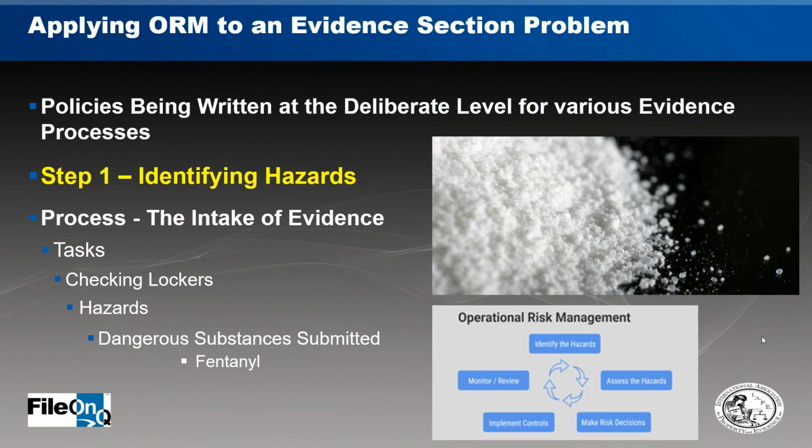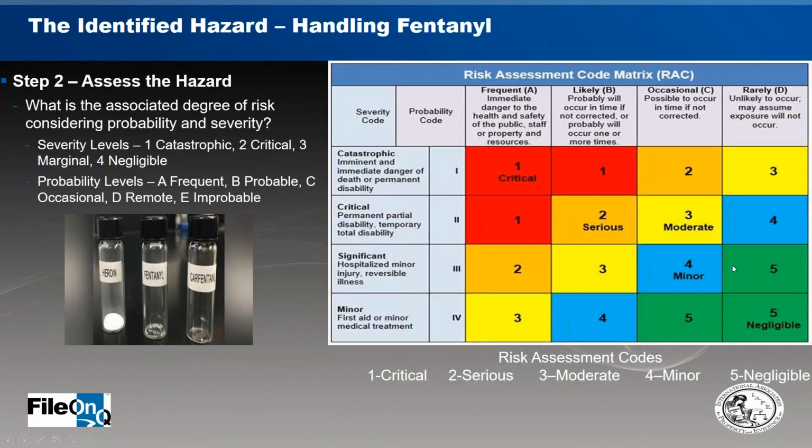So as we identify that, we want to put an assessment together and apply the matrix. So what is the associated degree of risk considering probability and severity? If the severity level unmitigated, let's say you're exposed to carfentanil or fentanyl in a significant dose, is death possible?